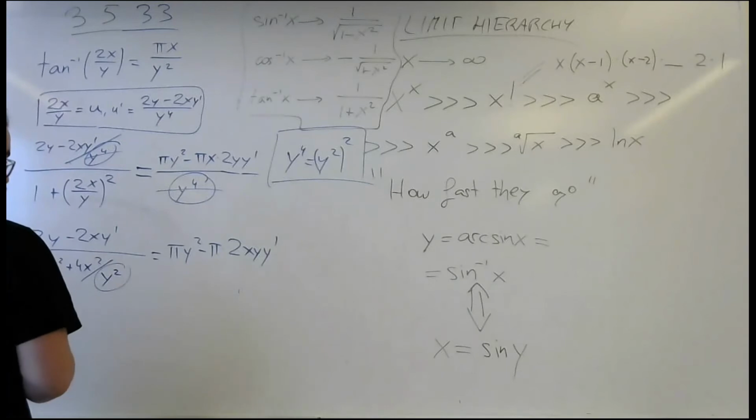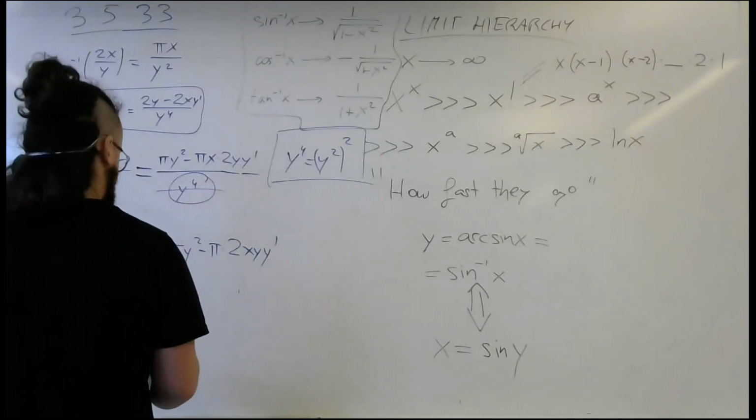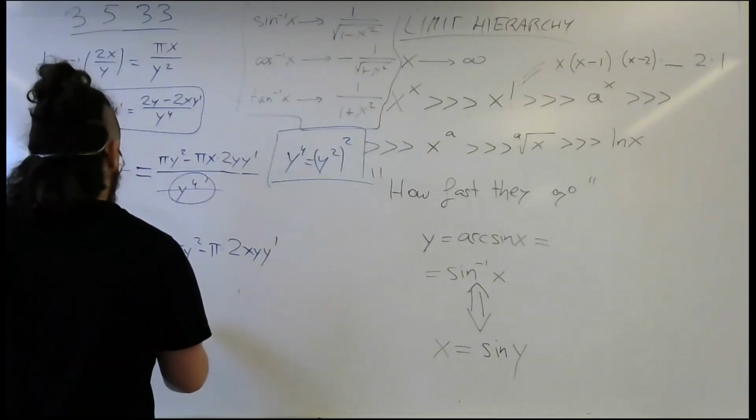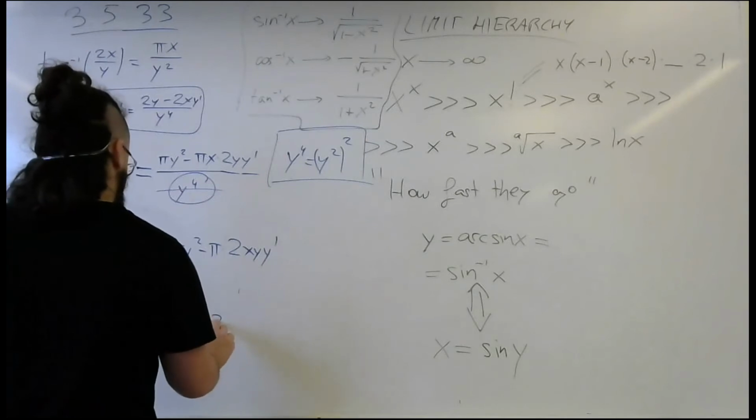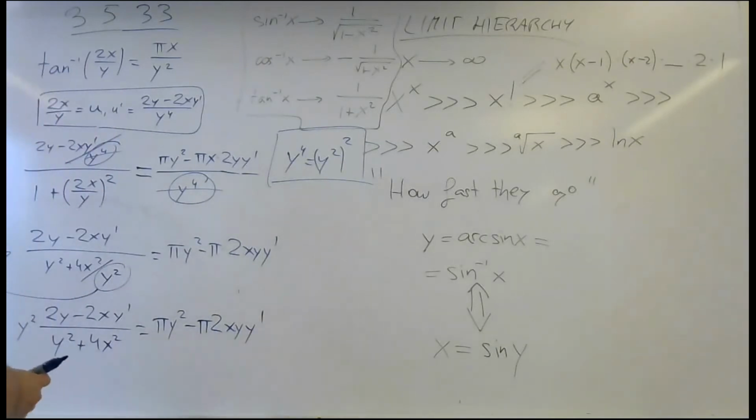This is dividing the denominator. So it goes out multiplying y squared. That multiplies 2y minus 2x y prime. Y squared plus 4x squared is equal to pi y squared minus pi 2x y prime. Now, what do we do from here?